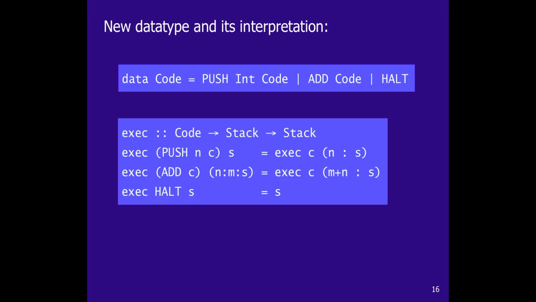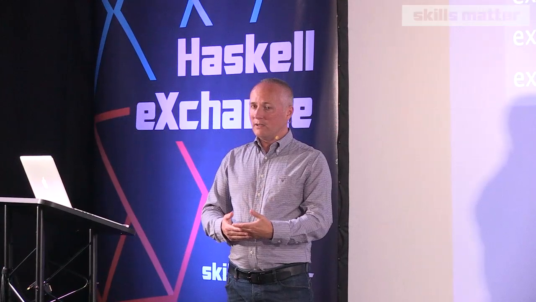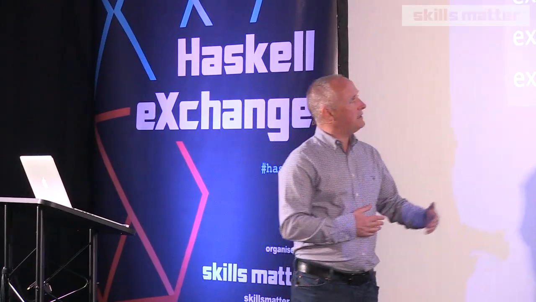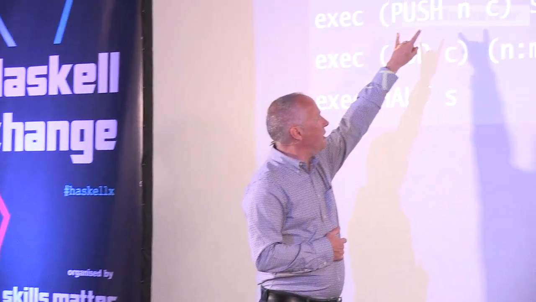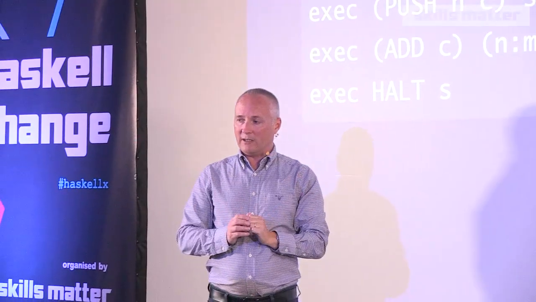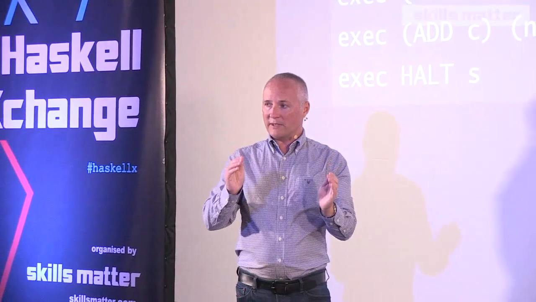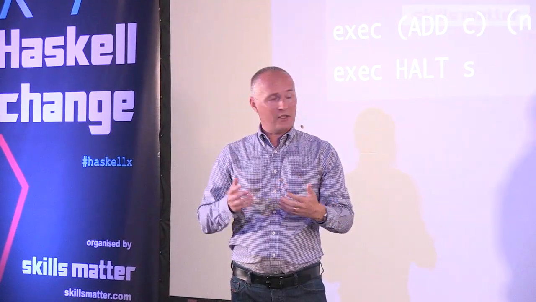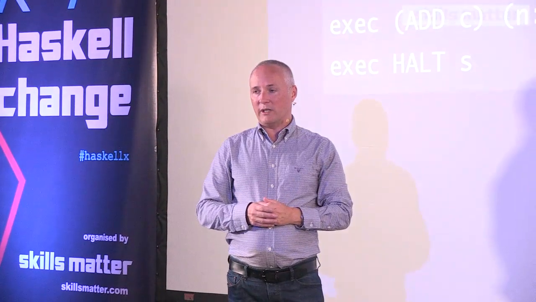This is really the semantics of this data type. Remember, what this data type represents is continuations. And a continuation is a function from stacks to stacks. So this is the semantics here. The execution function takes some code as input, that's a piece of data, and then it translates it down to a real continuation, which is just a function from stacks to stacks. And this definition just falls out of the defunctionalization machinery when you turn the handle.